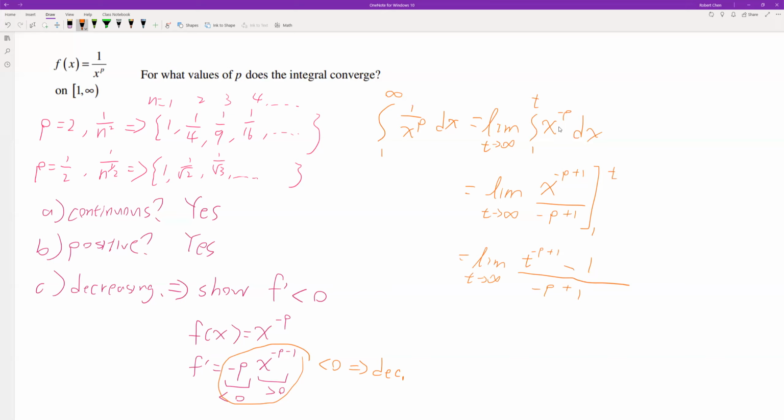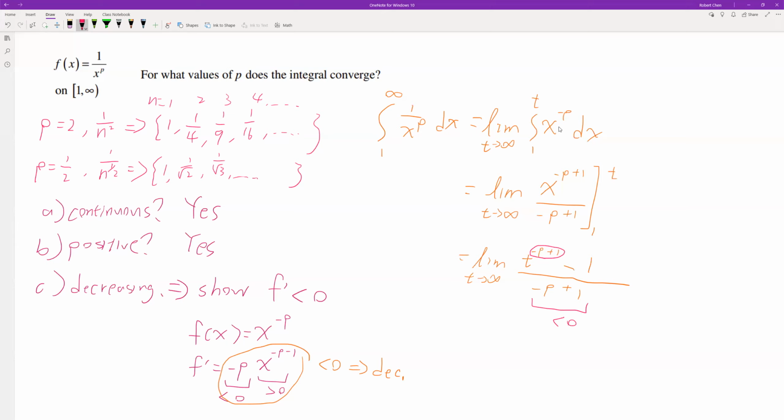All right, so let's see what we have. First, we need this thing to be less than 0. Now, the reason that it has to be negative is so that we can move this whole thing to the denominator.